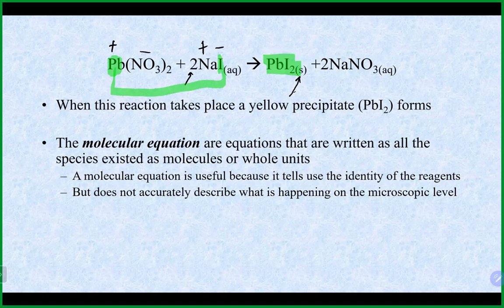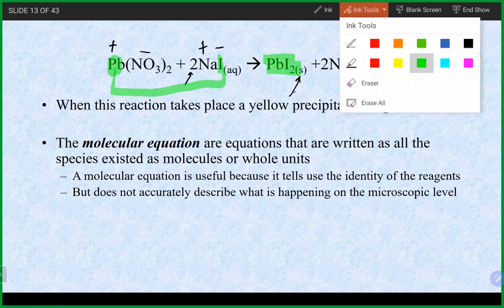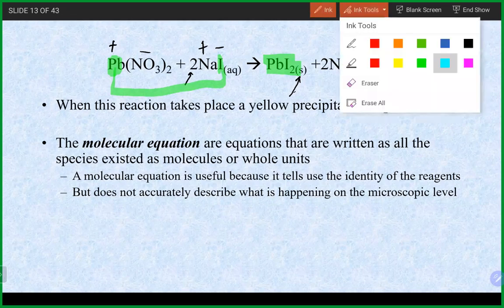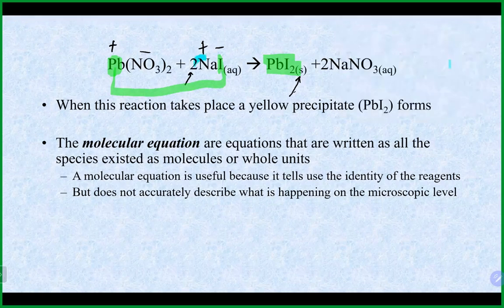The other positive ion will then go hook up with this negative ion and make that compound right there. So it's really our positive ions switching partners.